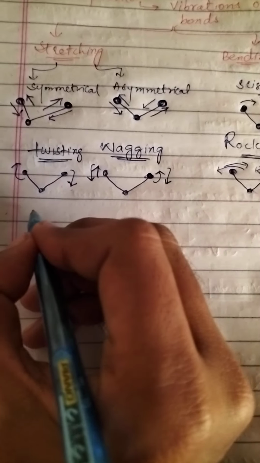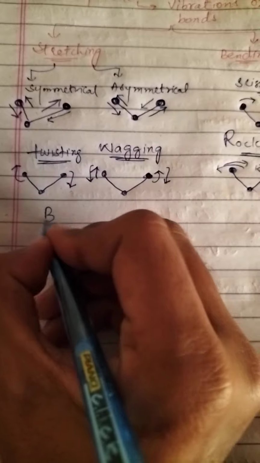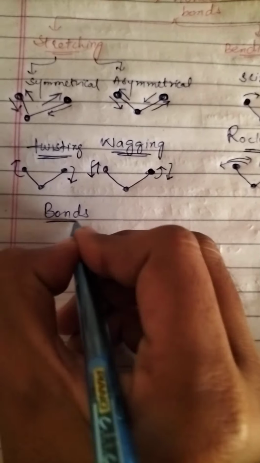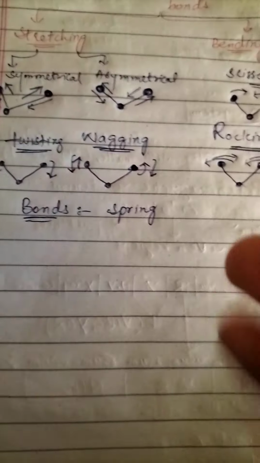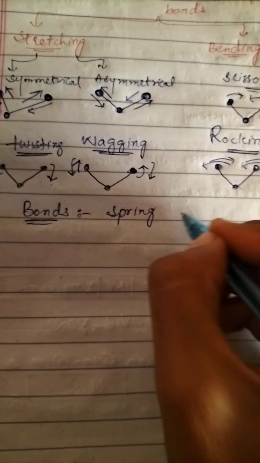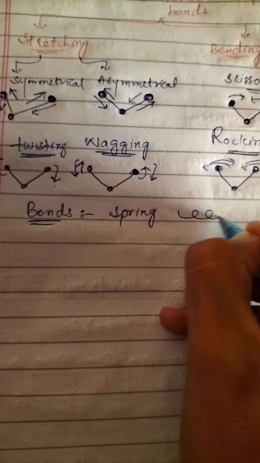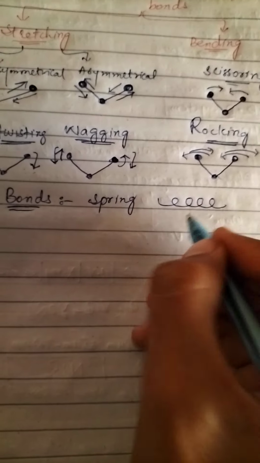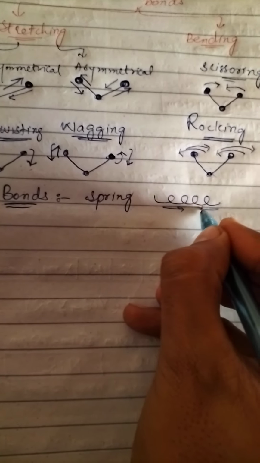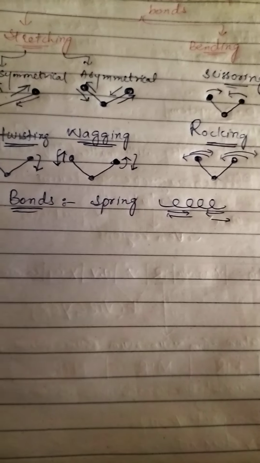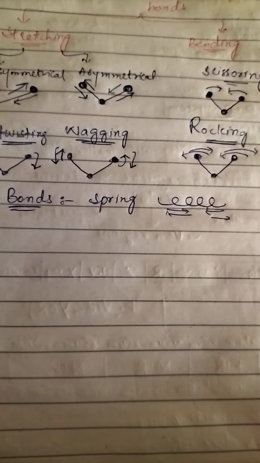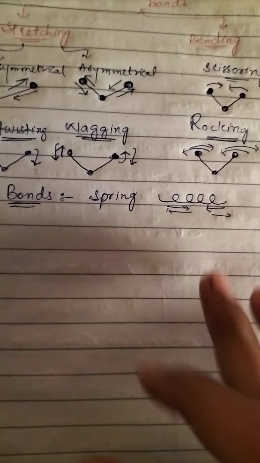For this, we should consider that bonds act as a spring, like this, and they move like this, like this. They can move in different modes.